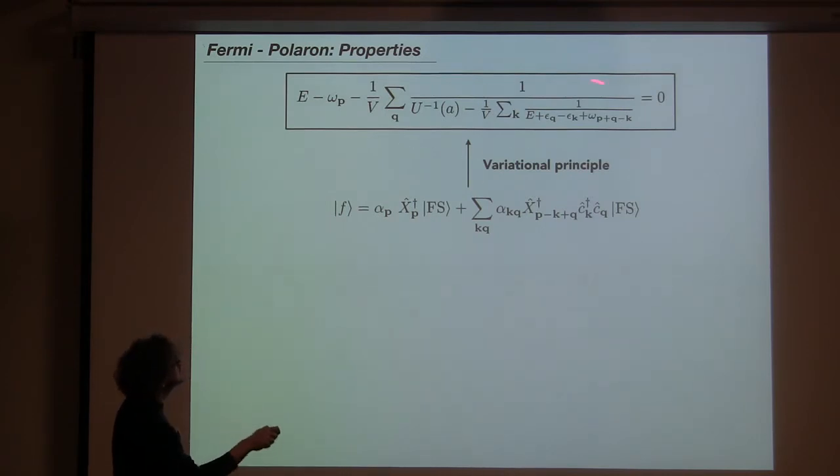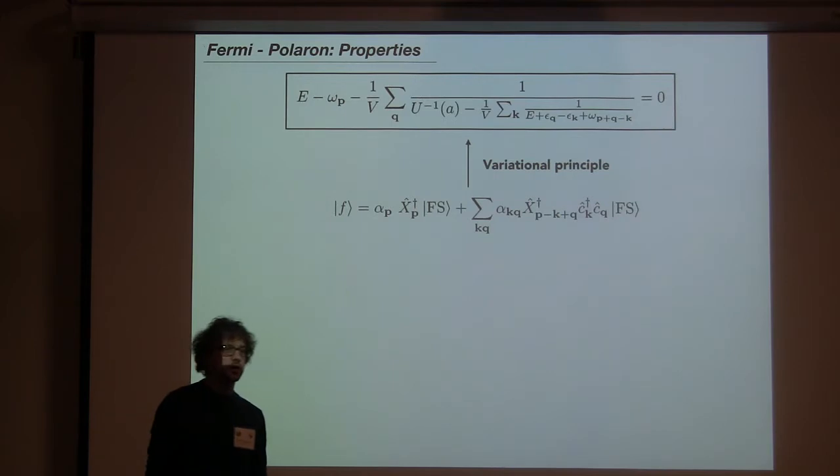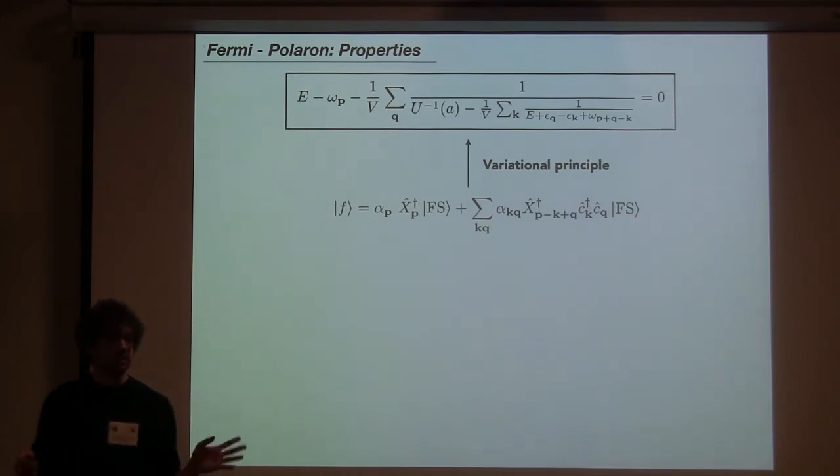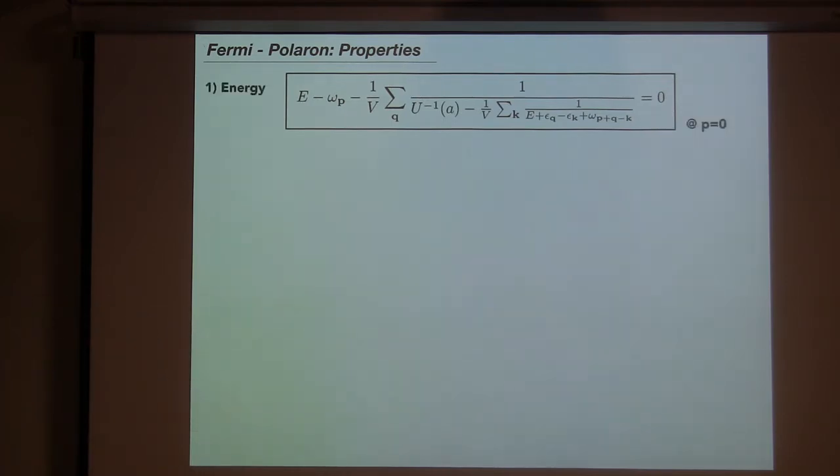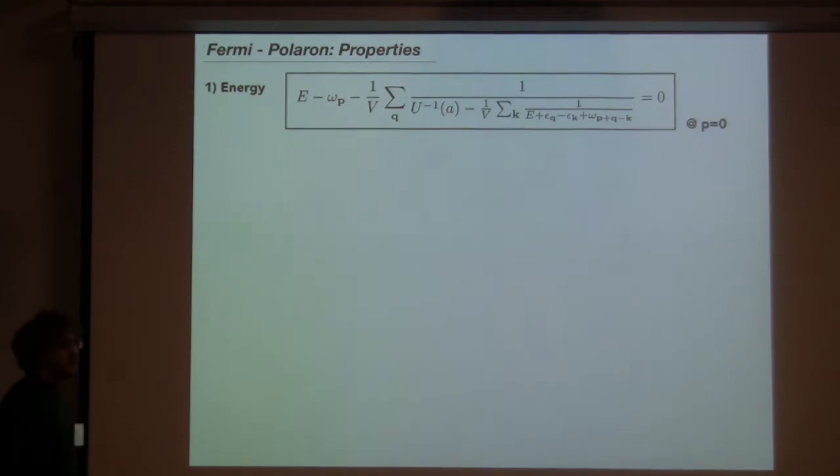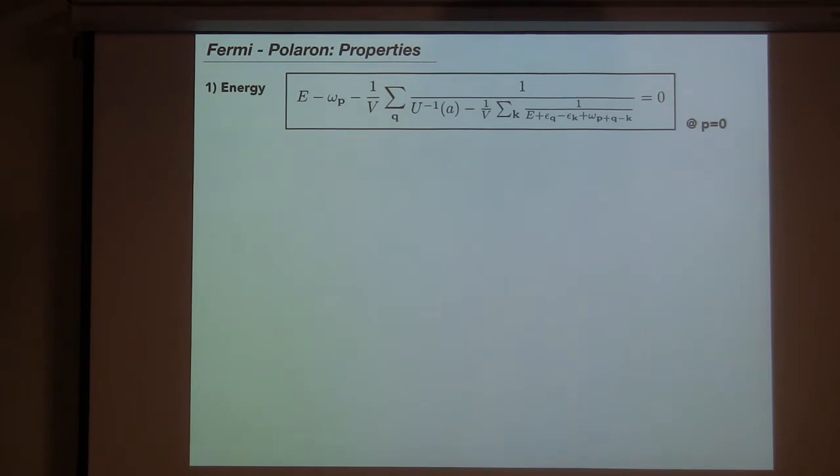The nice thing is this can be evaluated analytically. It's a rather nasty expression, but we can do it. So if you want to extract the energy of the polaron, we have to solve this equation at momentum equals 0, and then we ask which energy we get out.